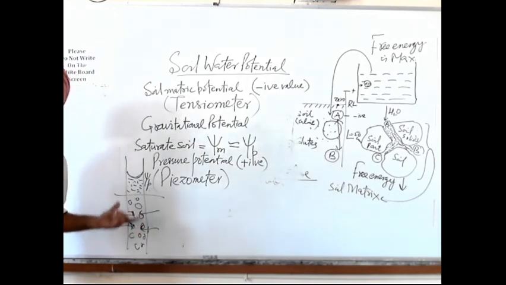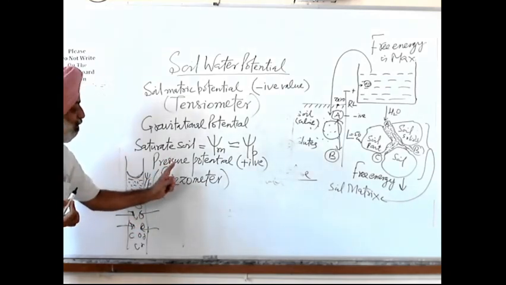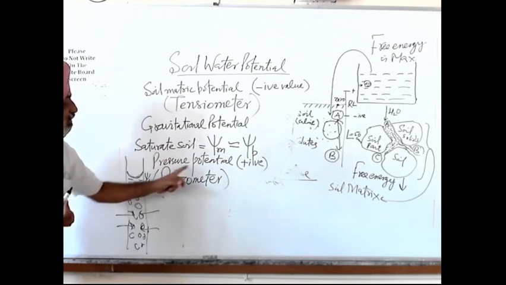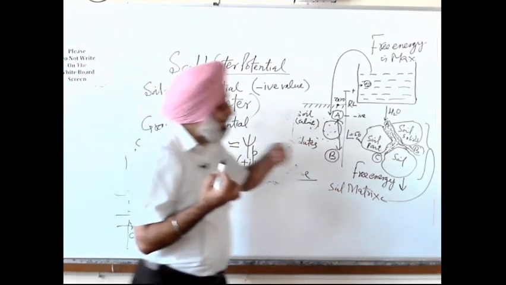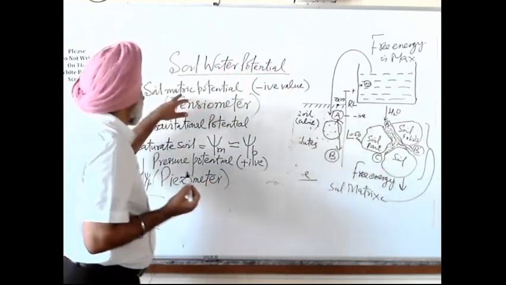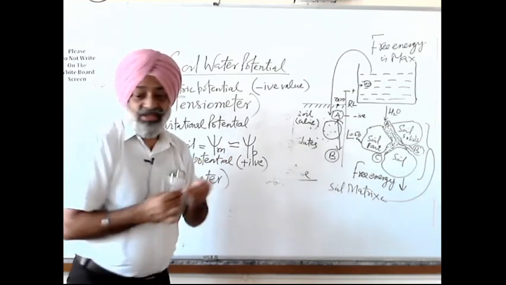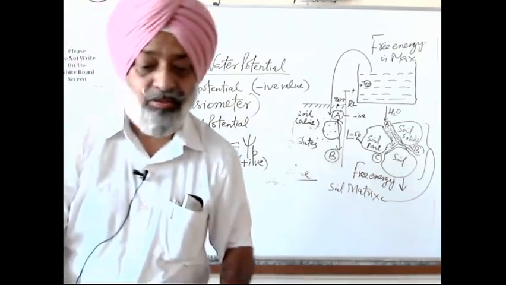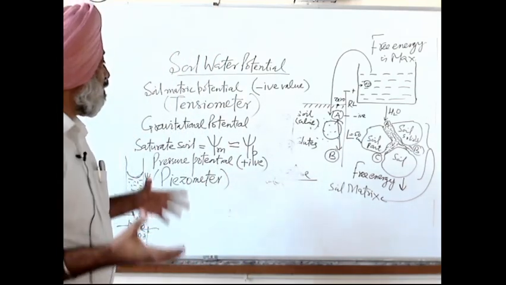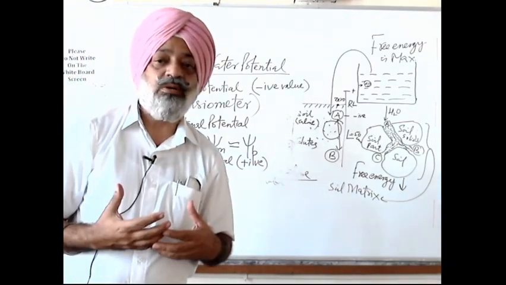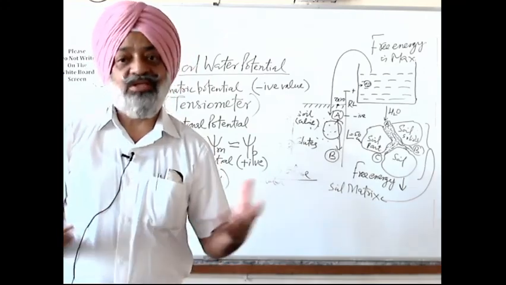The concept of tube well is based on positive pressure potential in a saturated soil. But when it is unsaturated soil, then it is always soil matric potential. So this is the concept of soil matric potential. I hope it is clear. You can see this repeatedly. In case of any question, you can just give me a call and I'll explain the things to you. Thank you very much.